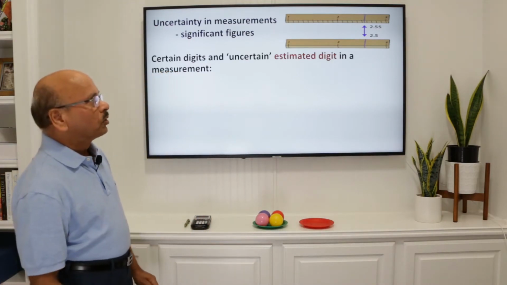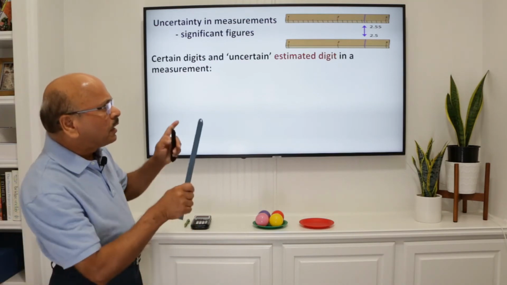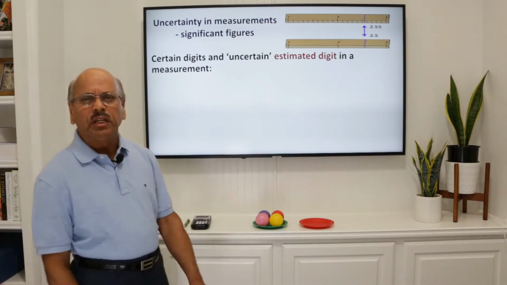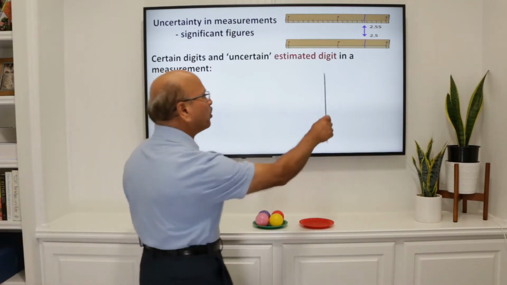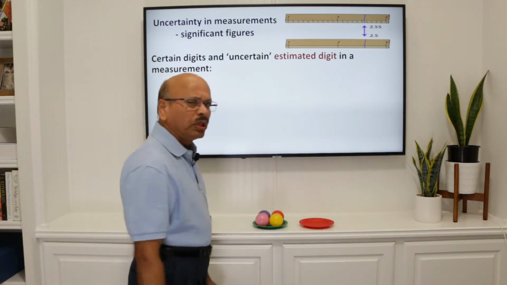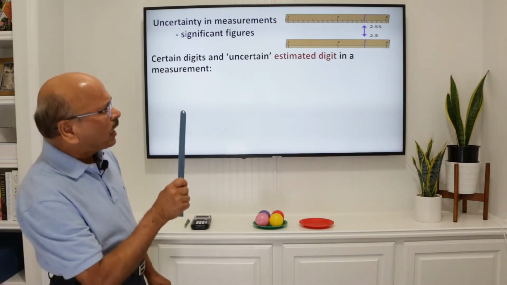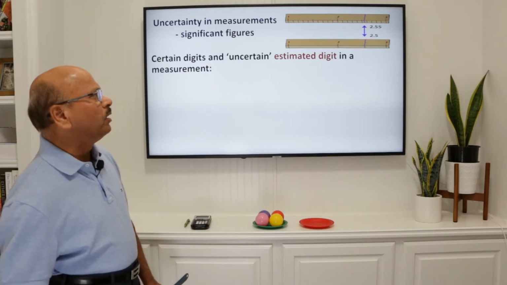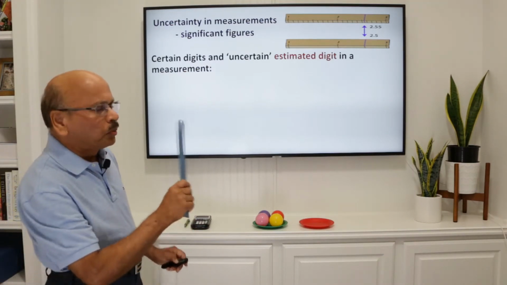Most of them will say it is approximately half of the unit, so it is 2.5. But some students are a little critical, and they say it looks like a little more than 0.5, so instead of 2.5, it's better to write 2.6.